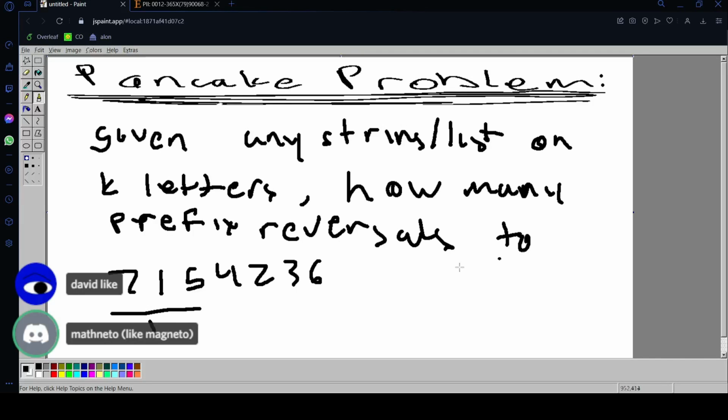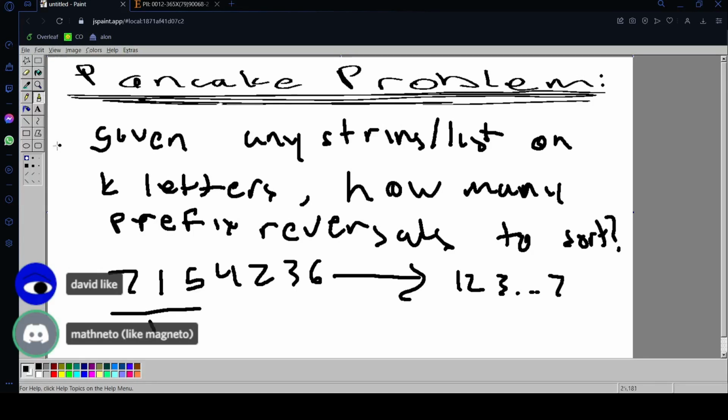How many reversals do we need to get from this all the way to the sorted one, where we have 1, 2, 3 all the way up to 7? So that's the question.